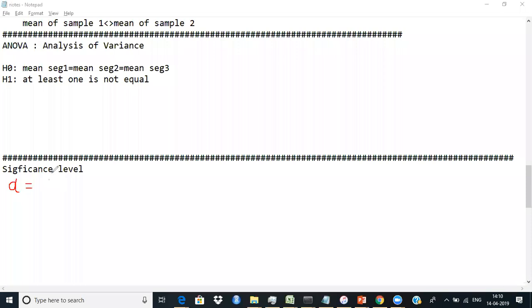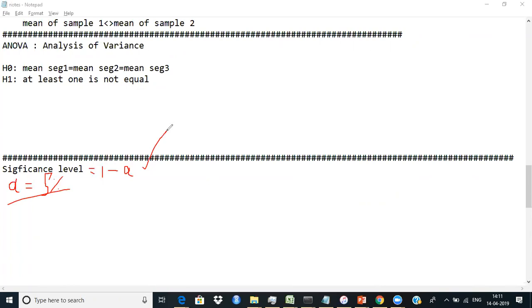Alpha is 5%. Significance level is 1 minus alpha, right? So when we say 5%, we basically indicate alpha. Significance level in that case is 95%. So it basically says that we are fine with a type 1 error of 5%.